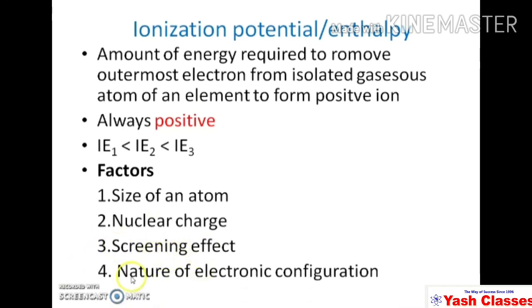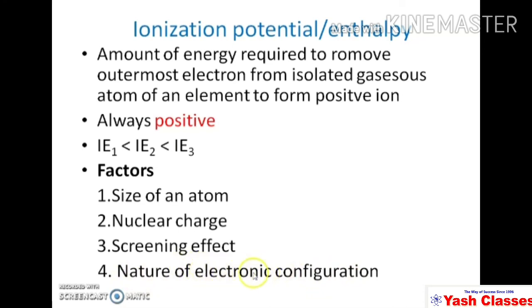And the fourth important factor, ionization potential depends upon electronic configuration. When there is a stable electronic configuration, there will be higher ionization enthalpy, because when the p orbital or d orbital is half filled or completely filled, then the resulting electronic configuration will be stable.